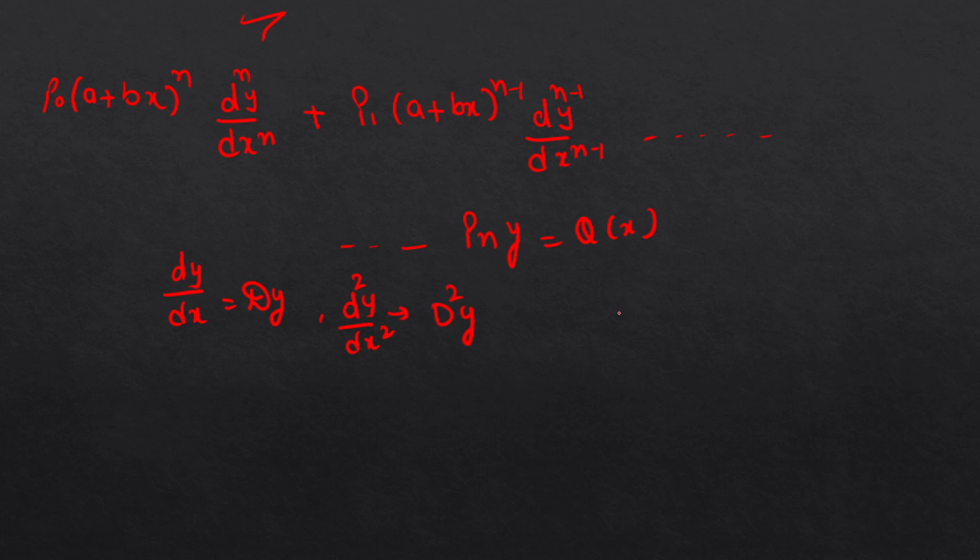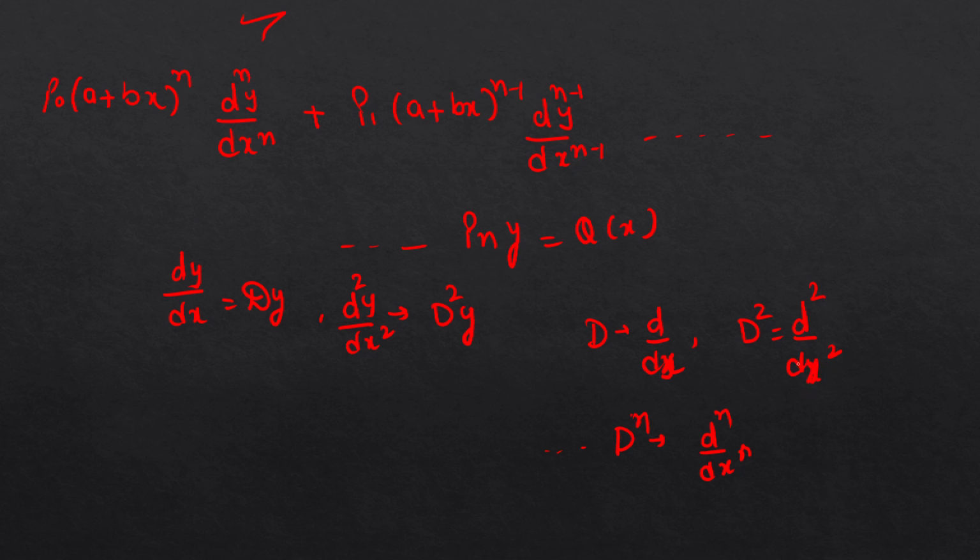Generally, I want to say that D can be taken as d by dx derivative, then D square can be taken as d square by dx square. Similarly, if I want to write down D raised to power n, it can be replaced by d raised to power n by dx raised to power n. Here is a mistake, here is x, sorry for that.